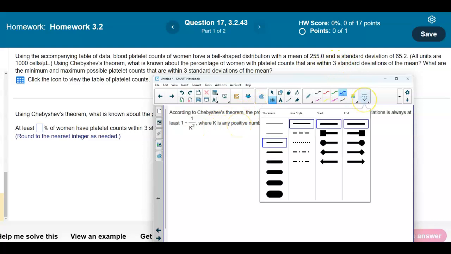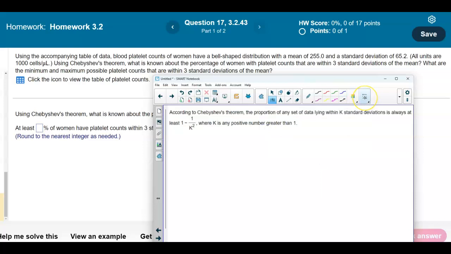So the first thing that we need to do is the following. We know that k is equal to 3 because that's 3 standard deviations. We're going to take 1 and then subtract 1 over 3 squared, which is equal to 1 minus 1 over 9.